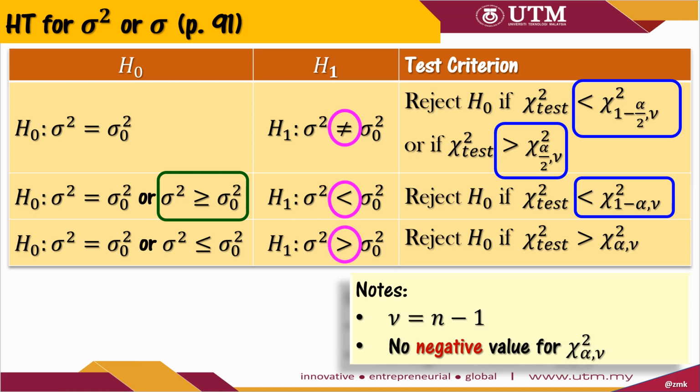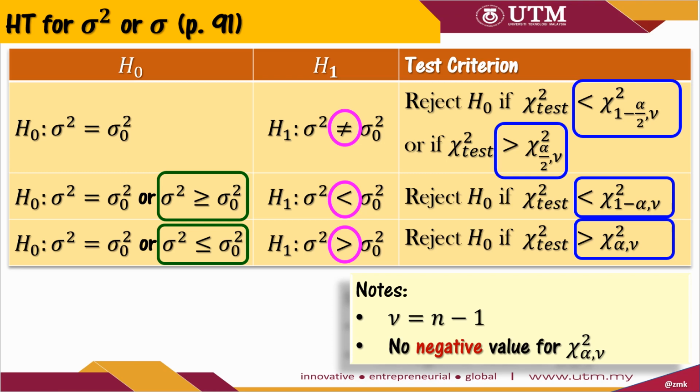Here, under the null hypothesis, we can write either sigma squared is equal to sigma naught squared or sigma squared is at most sigma naught squared. The decision rule follows what we write under H1 though, that is, reject H0 if chi-square test is greater than the right-sided critical value, which is chi-square alpha, nu.